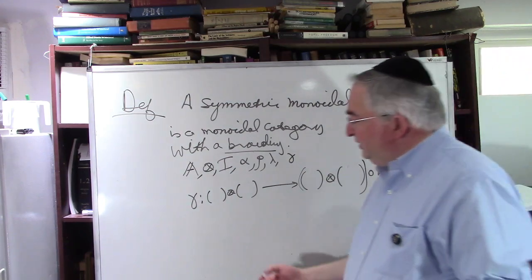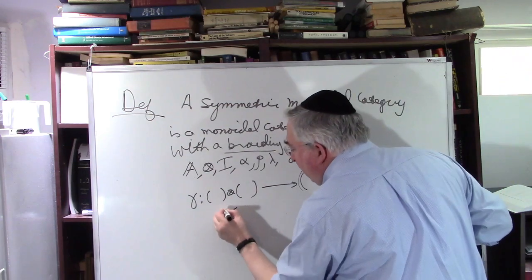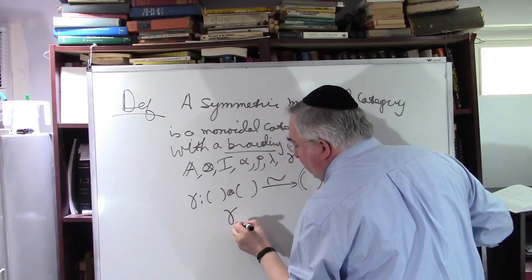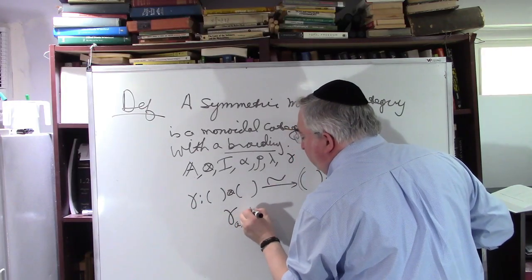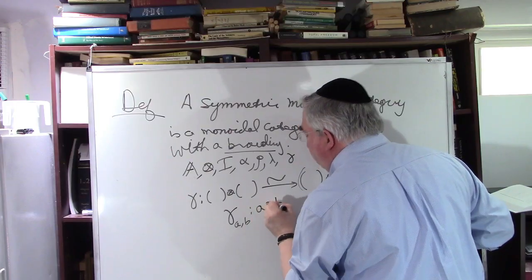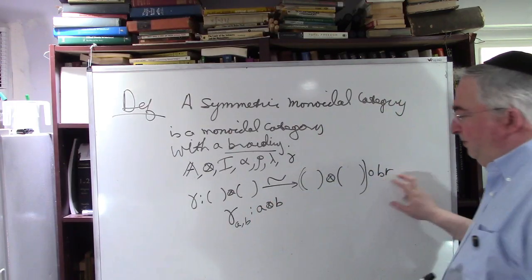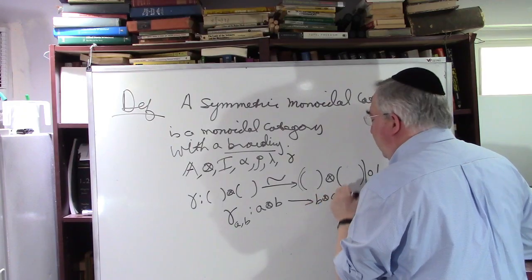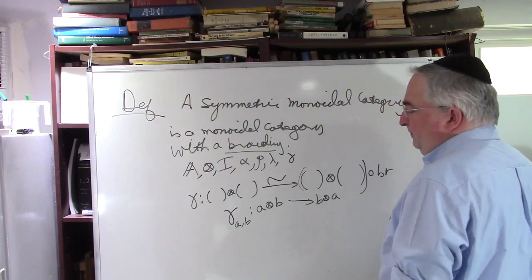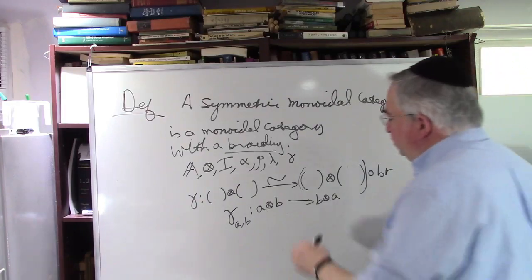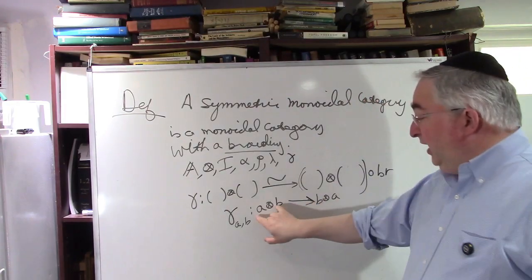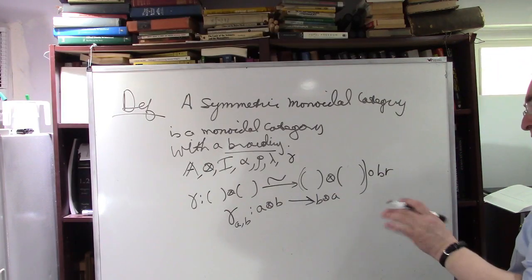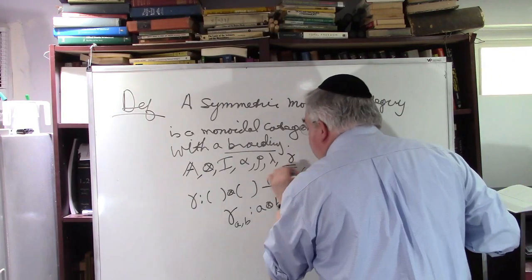We saw this in the last class, but basically a component of this natural isomorphism is A comma B, which goes from A tensor B to B tensor A. So this is saying something about commutativity, A tensor B, B tensor A.